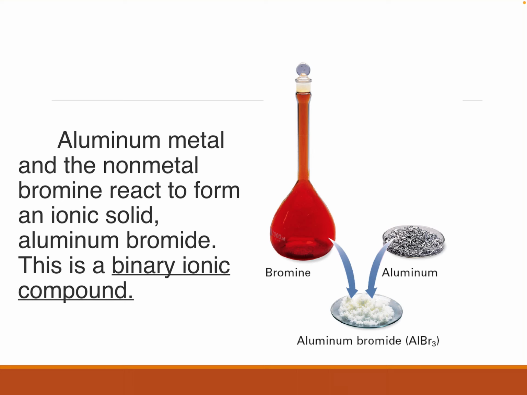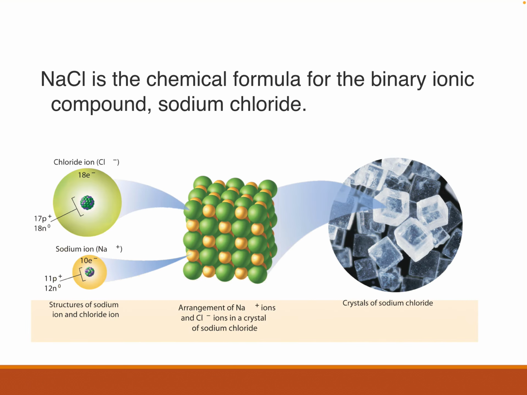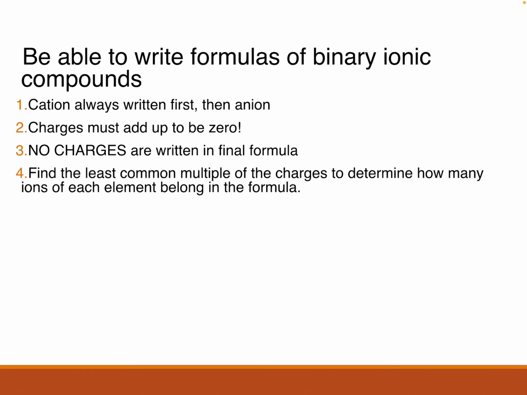So aluminum bromide, even though it has 4 atoms, is actually a binary ionic compound because it has 2 elements. Aluminum is +3, so you have to have 3 -1 bromines in order to cancel it out and make it neutral. Okay, we've already talked about this. When you are writing formulas for binary ionic compounds, the cation, the positive part, is always first.